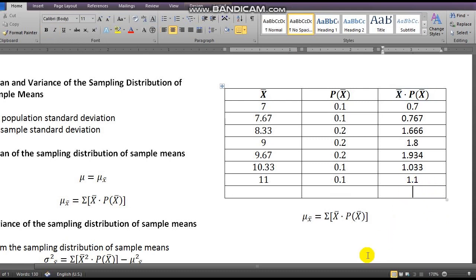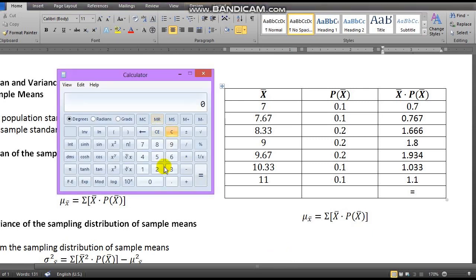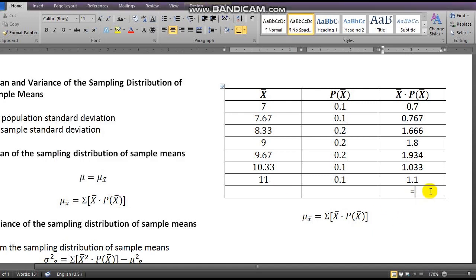And let's get their summation. Let's add them all up. So the summation is equal to 0.7 plus 0.767 plus 1.666 plus 1.8 plus 1.934 plus 1.033 plus 1.1, which is equal to 9.